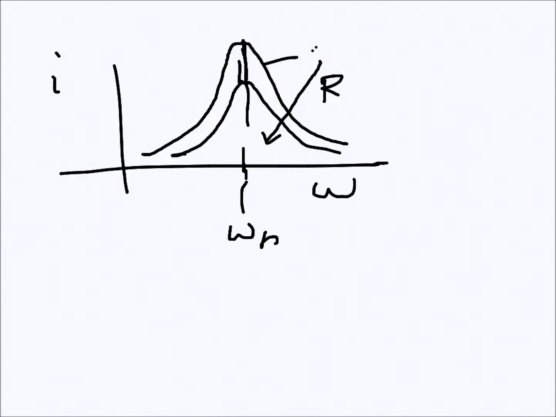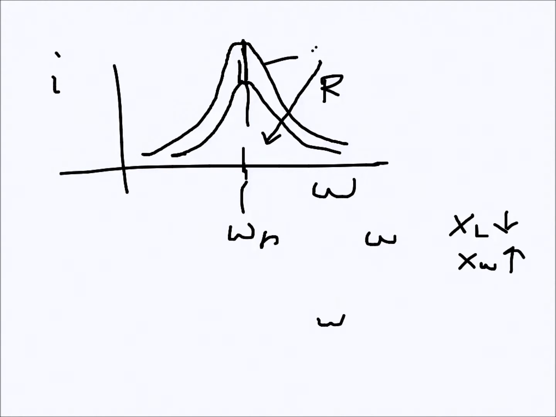So when the XL and XC are the same, the current is maximum, and otherwise the current is decreasing because at low frequency, XL is low while XC is high.